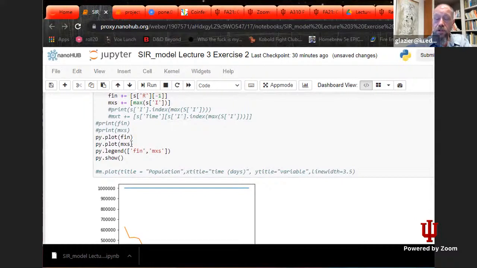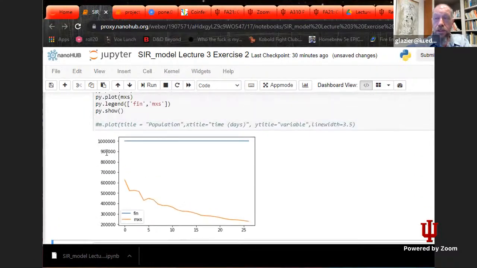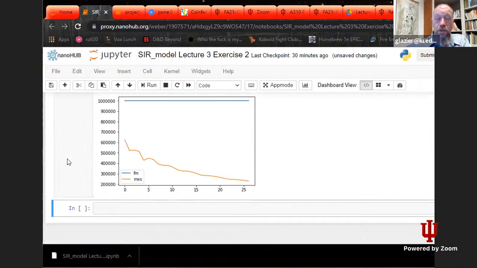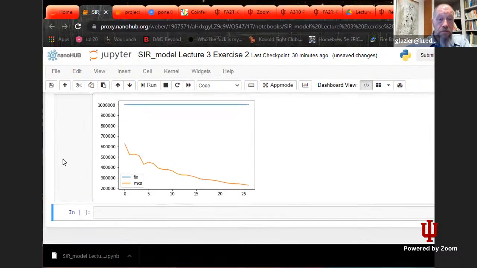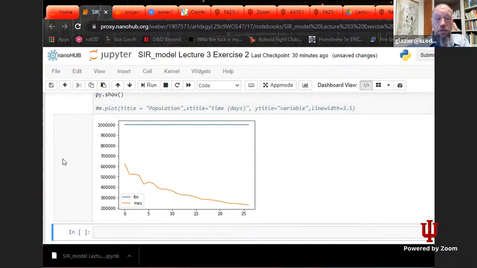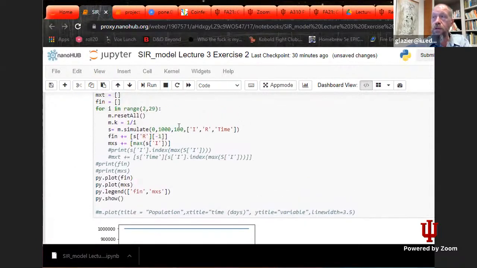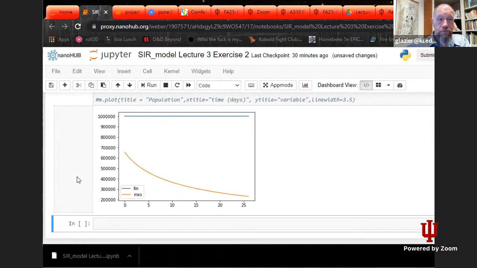The reason you're seeing the jaggies in that orange line is because when you run for a long period of time, you need more points in your simulation. So if you make 1,000 there, then it should smooth things out. There you go.